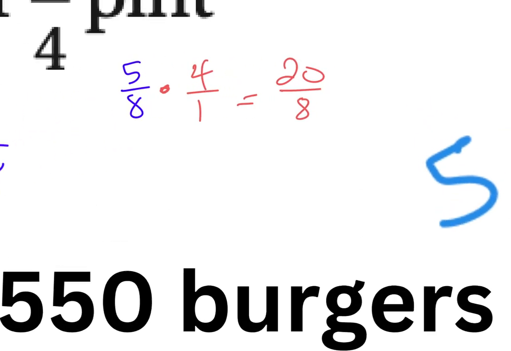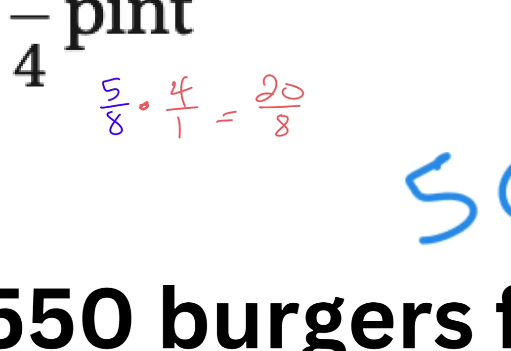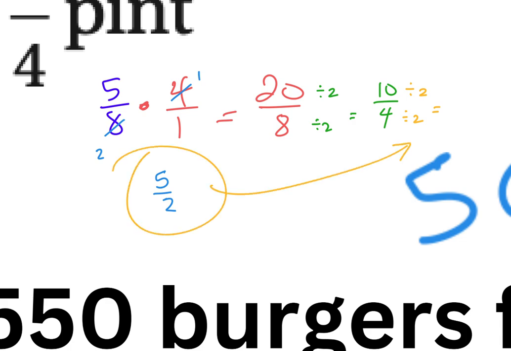Now, depending on how good you are at multiplying fractions, you could have done this, and you would have gotten 5/2. But also, you could just divide by 2. You'd get 10/4, and you could keep dividing to get 5/2 again.